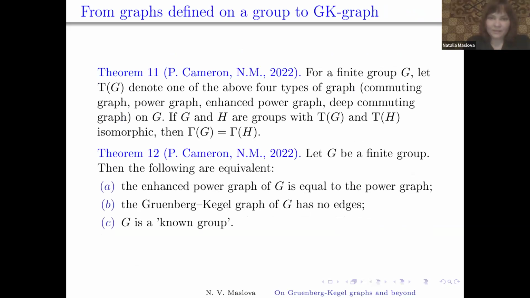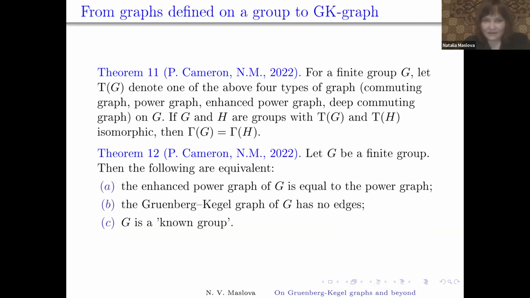Moreover, if power graphs or commuting graphs or enhanced power graphs or deep commuting graphs of two groups are isomorphic, then Gruenberg-Kegel graphs of these groups as labeled graphs coincide.